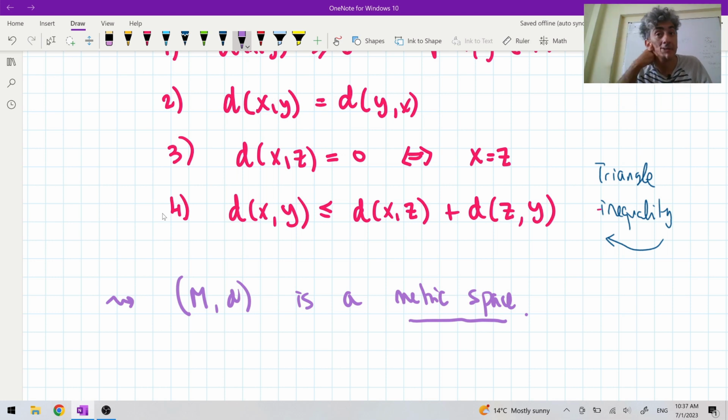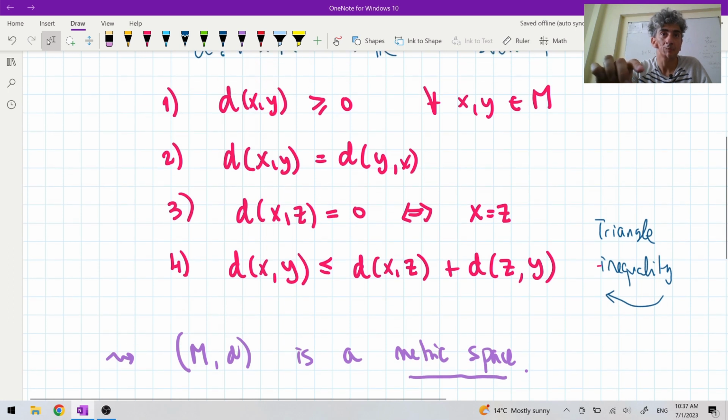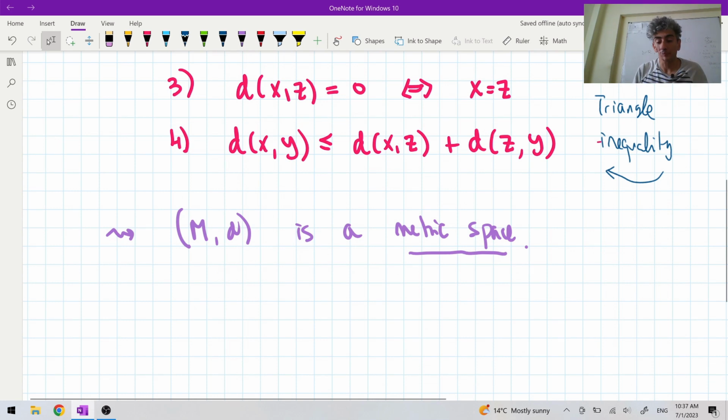So working with a metric space is working with a non-empty set and a function that satisfies all these four requirements. Okay, so let's put some examples to all this.